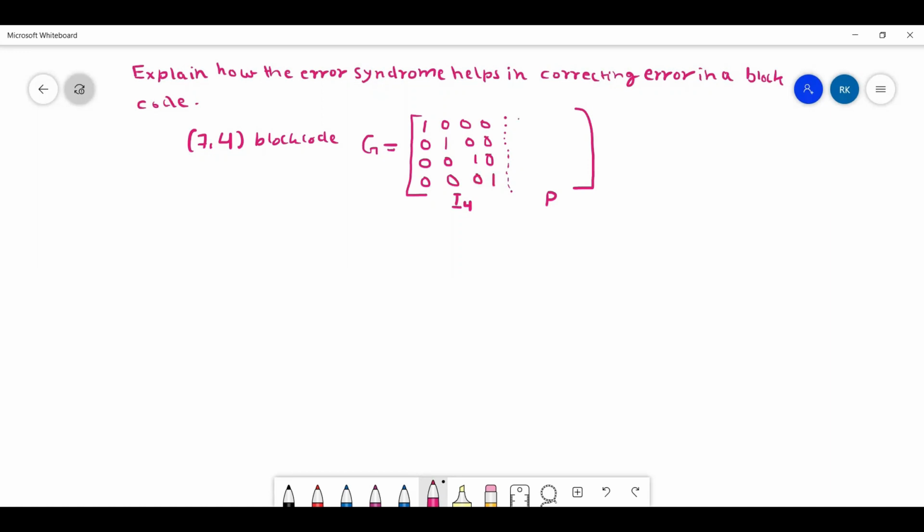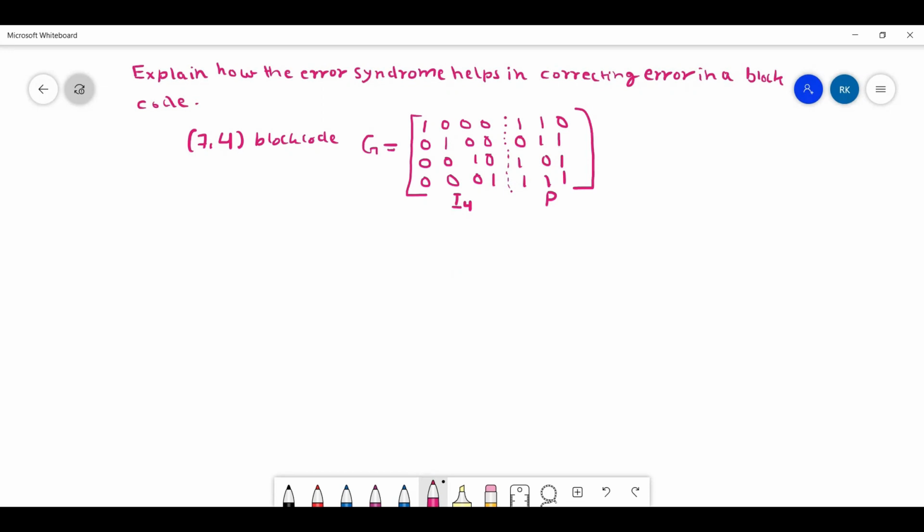This part can be different, that makes the generator matrix different from one another. 1 1 1. We have this generator matrix for the 7-4 block code.